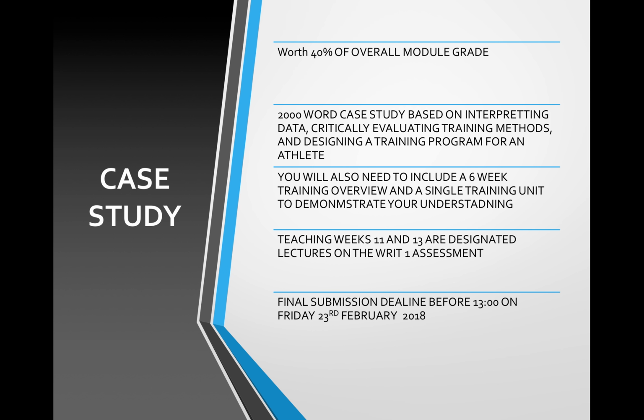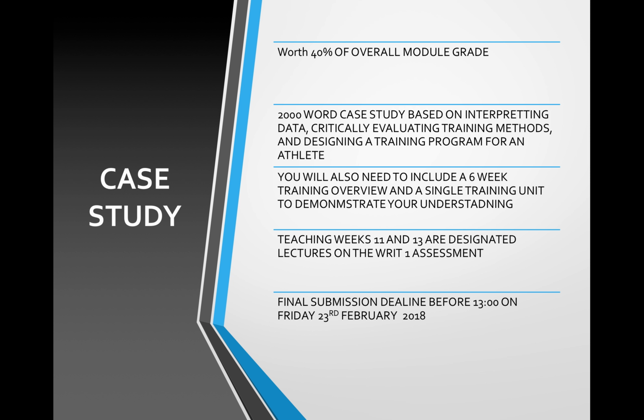From that, once you've identified which is the limiting physical component, you need to look at what are the available training methods to improve that physical component. So if we've got 1RM back squat, what are some of the training method options that you can start to develop lower body strength? And there's some of the things we're going to cover this year in your lectures and have discussions around in your practicals.